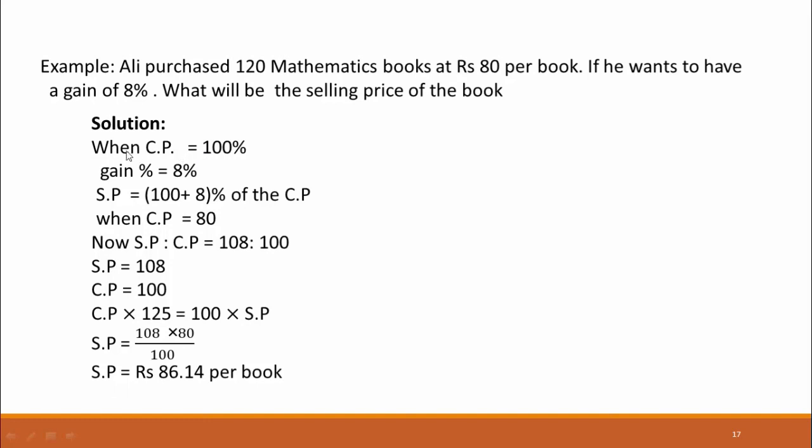The solution. The cost price is equal to 100%, gain percent is equal to 8%. So the selling price is equal to 100 plus 8 whole percent of the cost price. So when cost price is 80, the ratio of selling price and cost price is equal to 108 to 100.